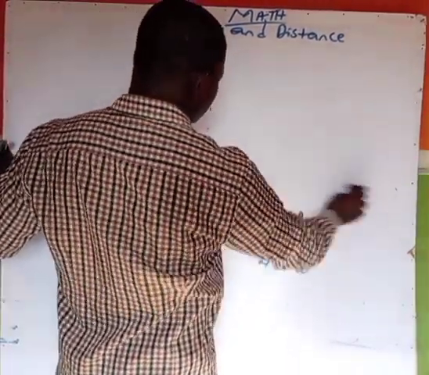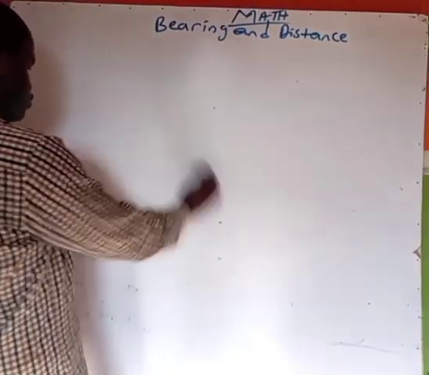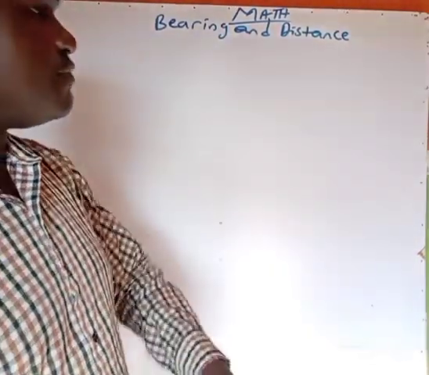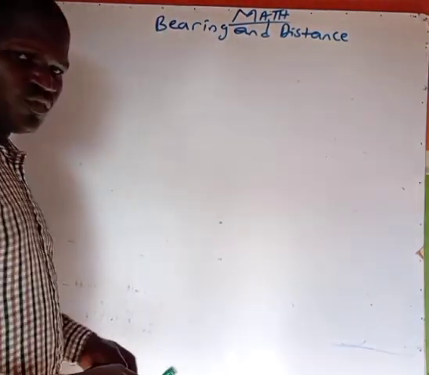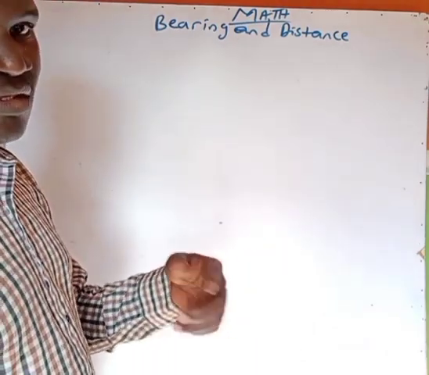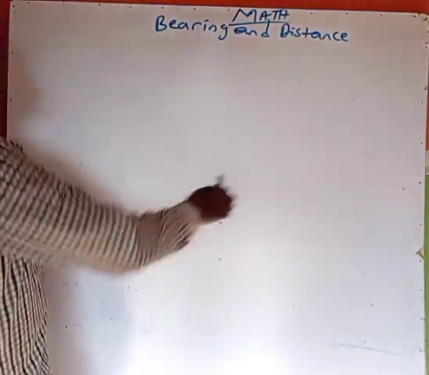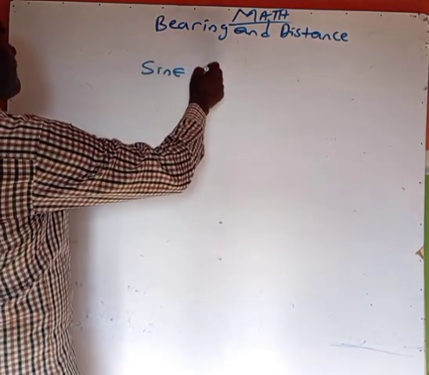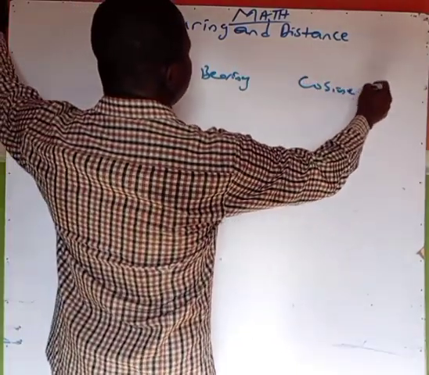That is one of the things you have to know when you are interpreting a question: you draw a triangle, as the case may be, for bearing. Another thing you have to know is that if you look at textbooks like New General Mathematics, or even some other textbook, there is what you call sine bearing, and there is cosine bearing.